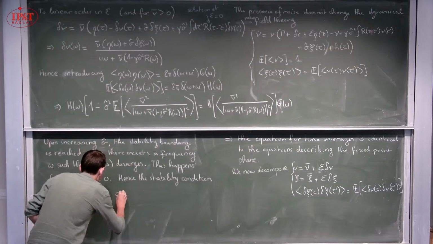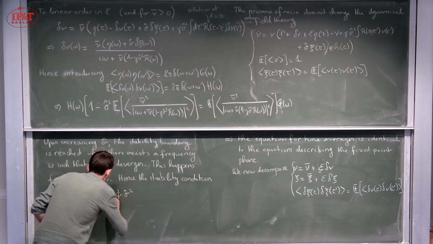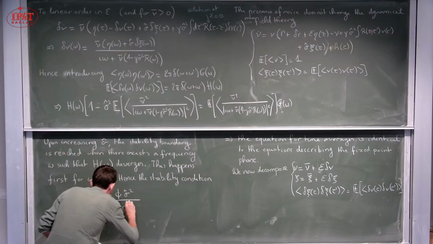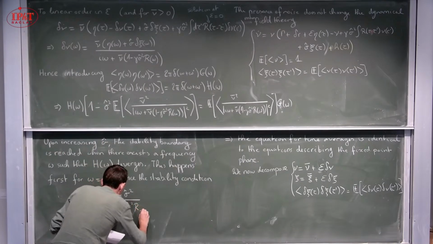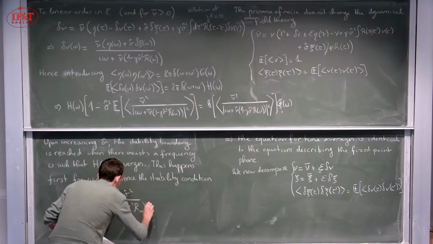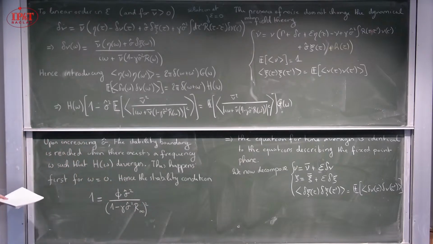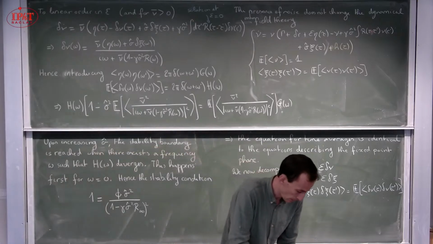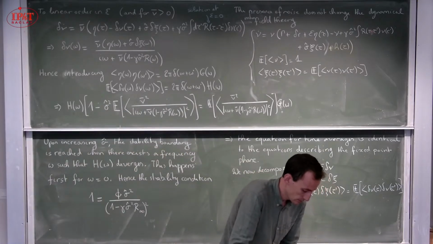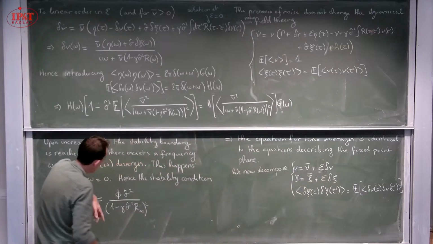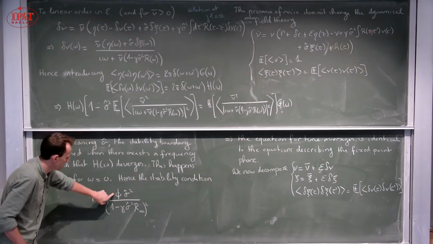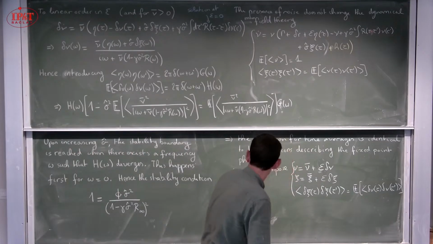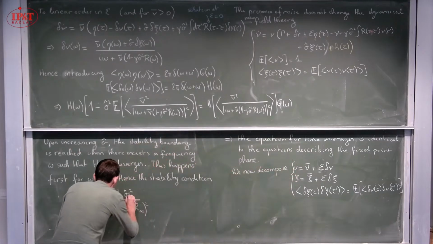So I get phi sigma squared times 1 minus gamma sigma squared r infinity, squared. And this is the condition to find the boundary of the fixed point phase. And obviously you need to solve in the fixed point phase for phi and r omega. And sigma is sigma c.